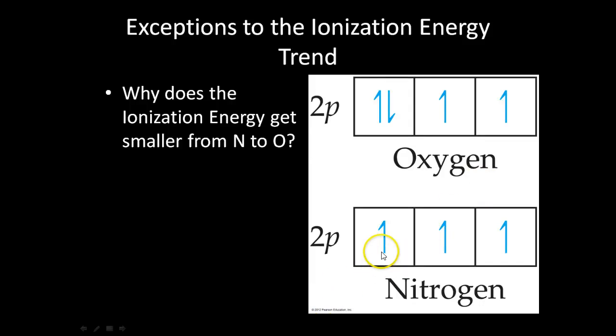Whenever you break a fully filled shell or a half-filled subshell, you need to put in a lot more energy to get that to go. And so this is why the ionization energy is greater for nitrogen than it is for oxygen, even though oxygen has a greater effective nuclear charge.